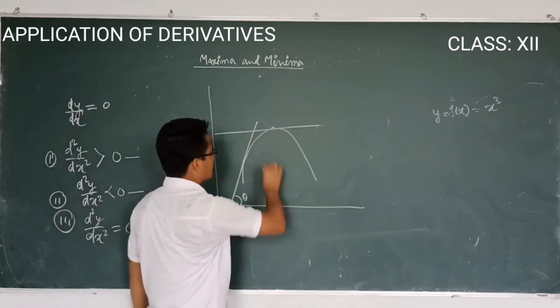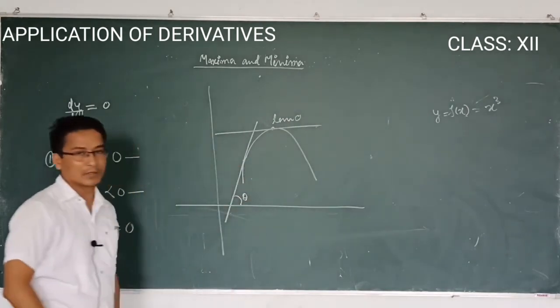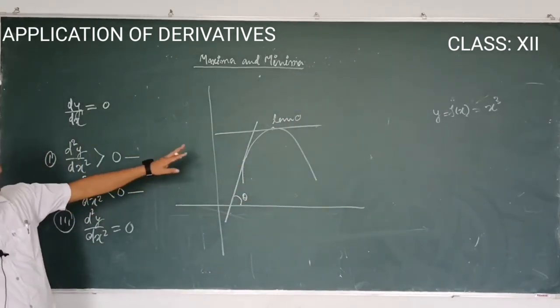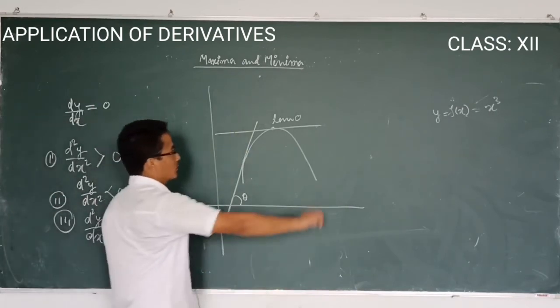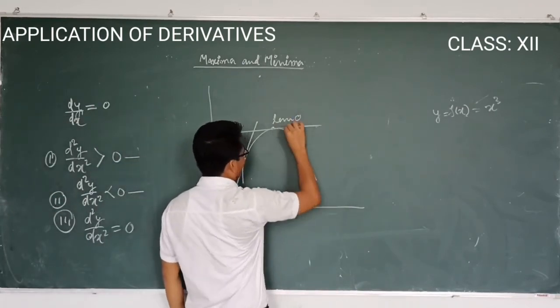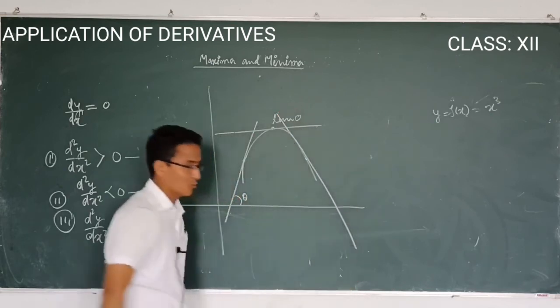Now here is a point where dy/dx equal to 0, meaning tan 0 degree. Slope is 0, meaning the angle is 0.